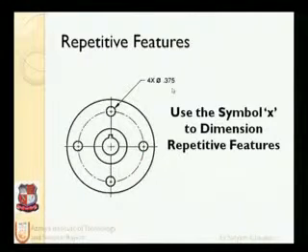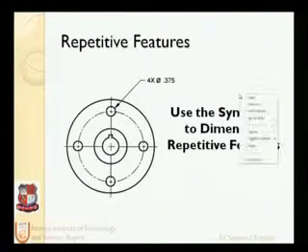Here we have a hole of diameter 0.375 inch multiplied by 4 times, so on every 90 degrees we have one, 4 in total. By this interpretation we can understand that there are 4 same holes of 0.375 inches. So we use this symbol to give the dimensions of repetitive features.